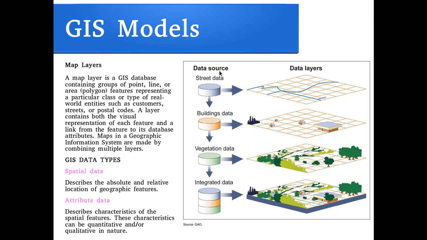As you can see in this graph, we can, for instance, have the street data, which could be a database that only represents the streets in a specific city. Then we can have another database that is the buildings data, which, as it suggests, has the data for buildings, and the vegetation data, which also models the type of information that it suggests.